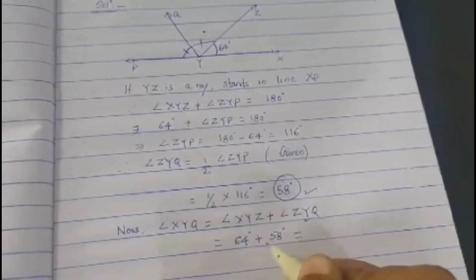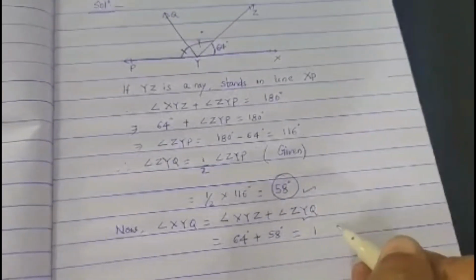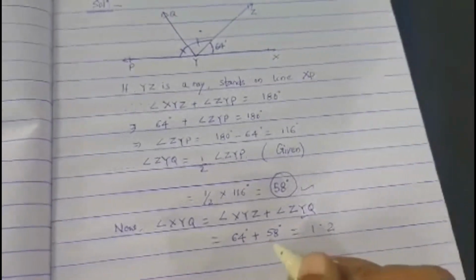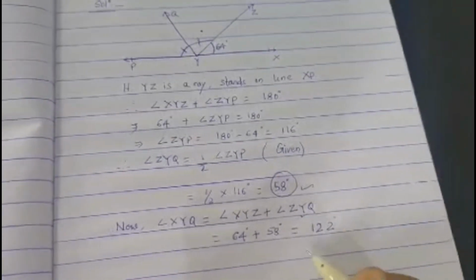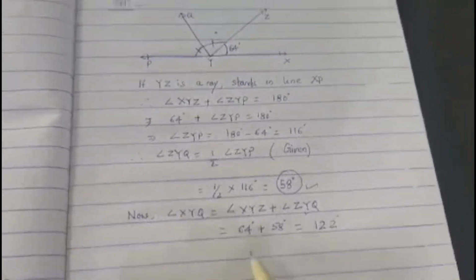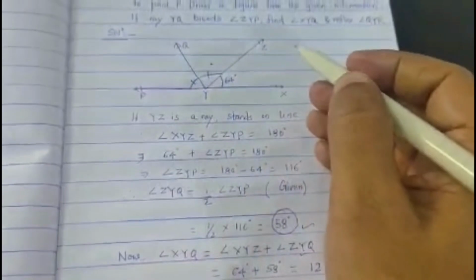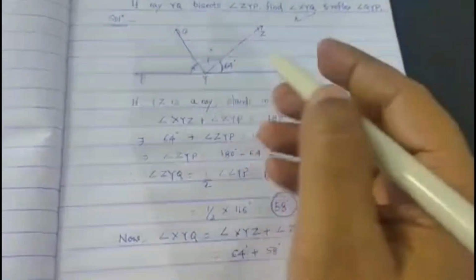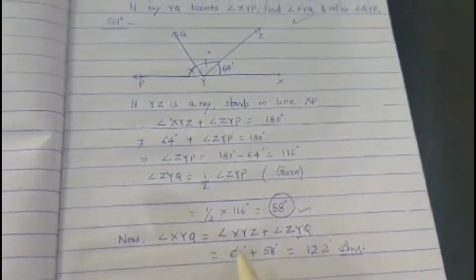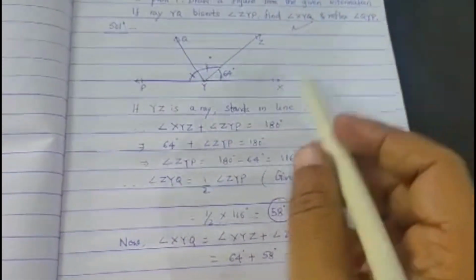That will be equal to 122 degree. Okay, so angle XYQ we have found 122 degree. This is one of our answers.